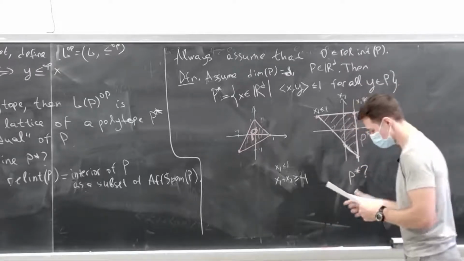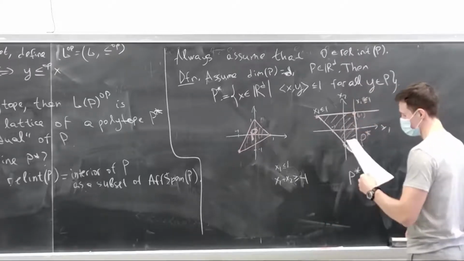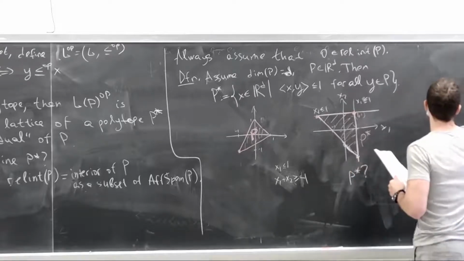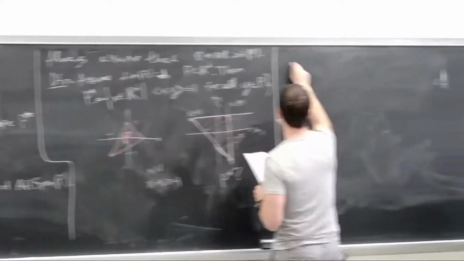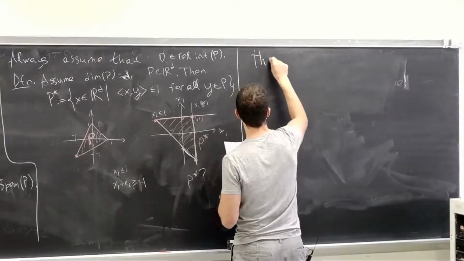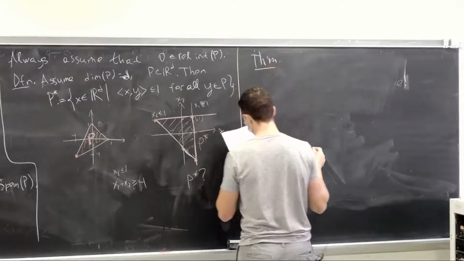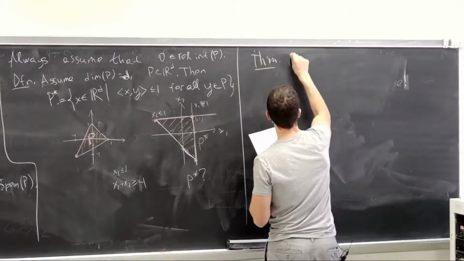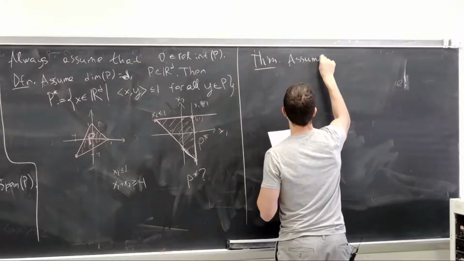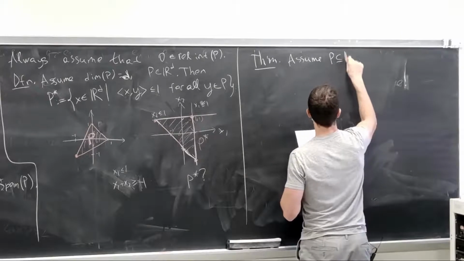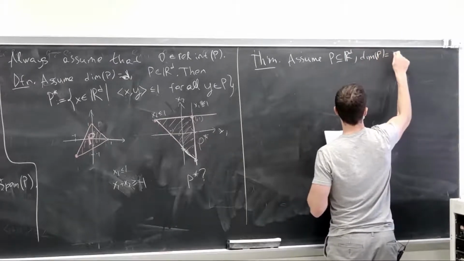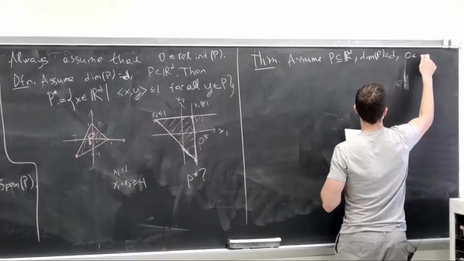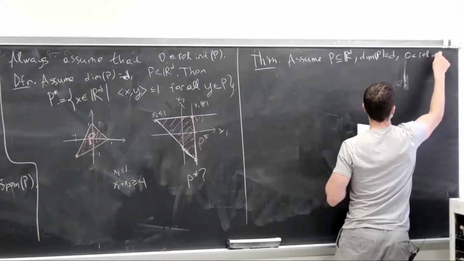And that's a theorem which they try to state here. So let's say I have a polytope in R^d, full dimensional, containing the origin in the relative interior.